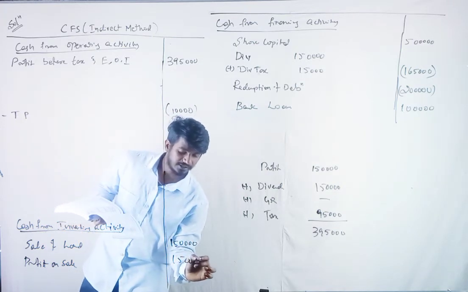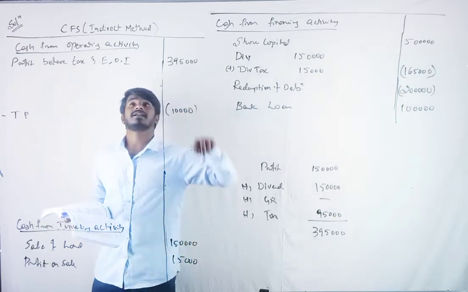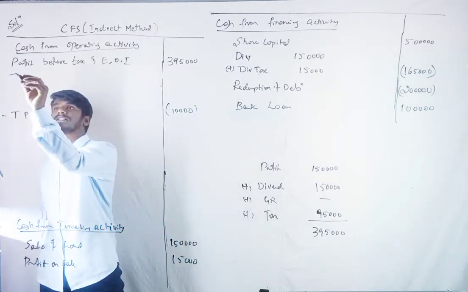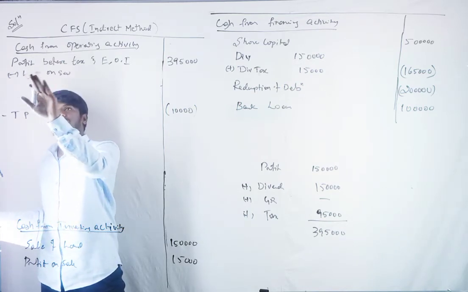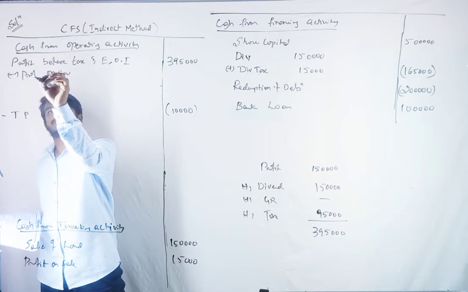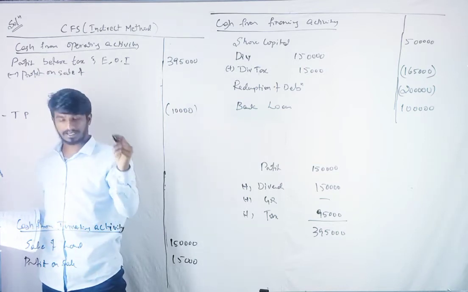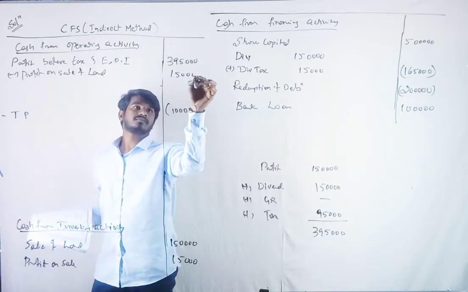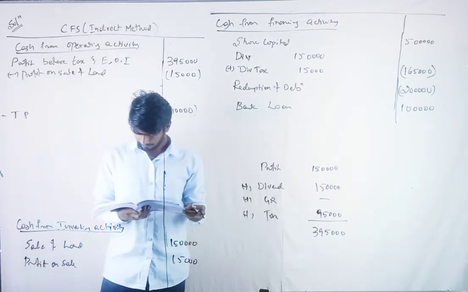This 15,000 profit we might have added in the profit, so we should minus it. Profit on sale of land, 15,000 we will less.